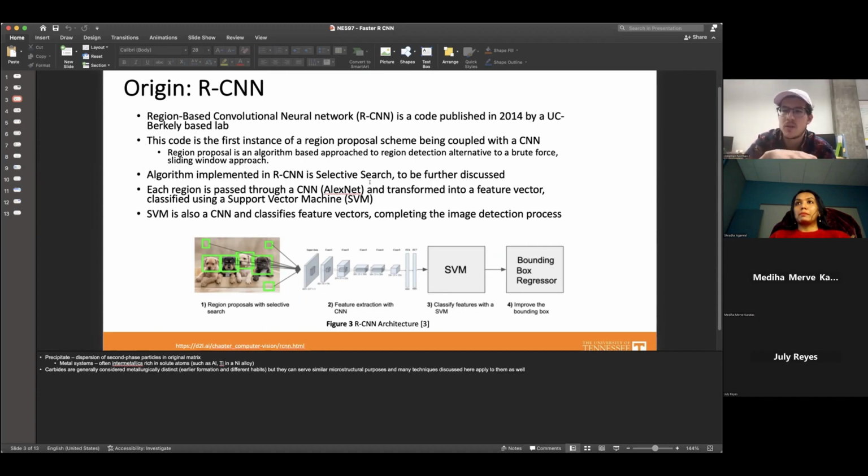Those feature vectors are then passed into the support vector machine, the SVM, and the SVM is what's actually used to classify them. So they operate in an isolated sense, and there's no communication between the two networks aside from passing the vectors.